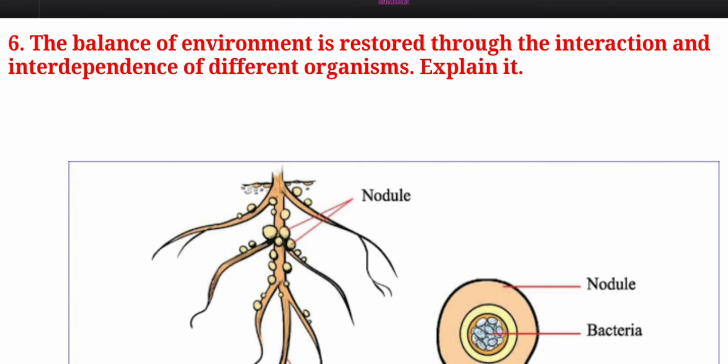Question number 6, the balance of environment is restored through the interaction and interdependence of different organisms. Explain it. So this is a broad question.